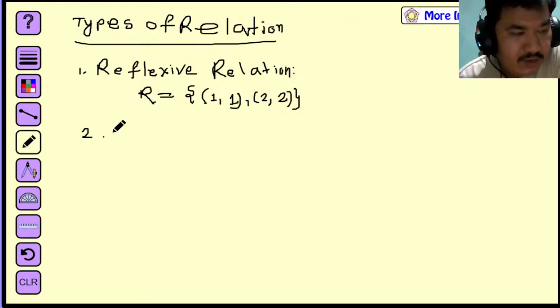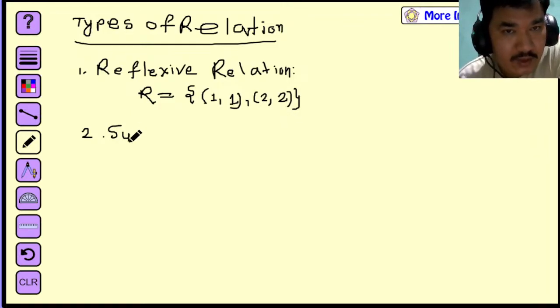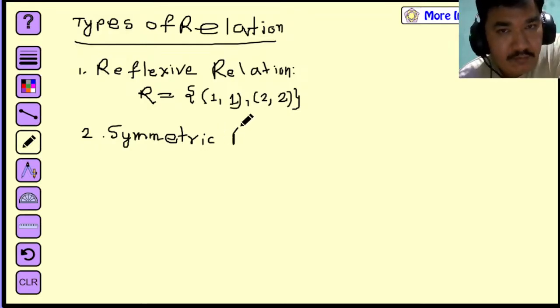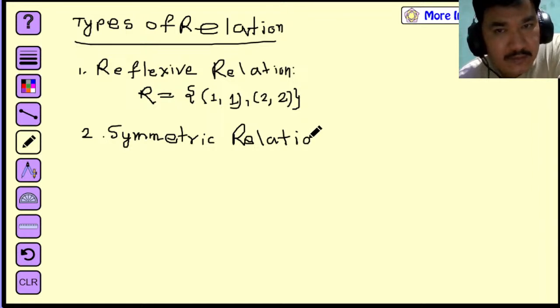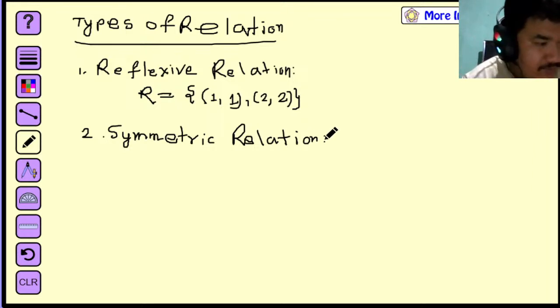And number two is symmetric relation. What is the meaning of symmetric? Look here.